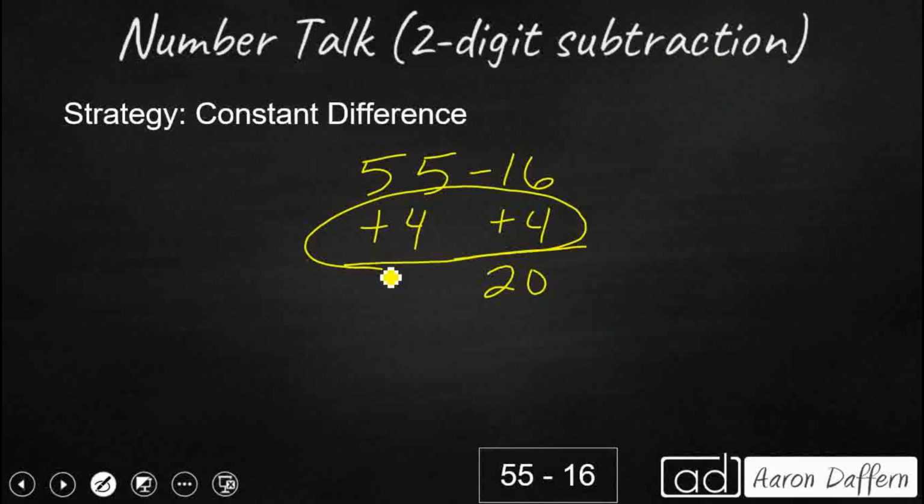It's going to make 2 separate numbers, 59 and 20, but those two are the same distance away as the 55 and 16. I just added a 4 to both of those to make it easier, because now I don't have to regroup. 39 is going to be my answer. So 59 minus 20 is the same as 55 minus 16. You kept a constant difference.